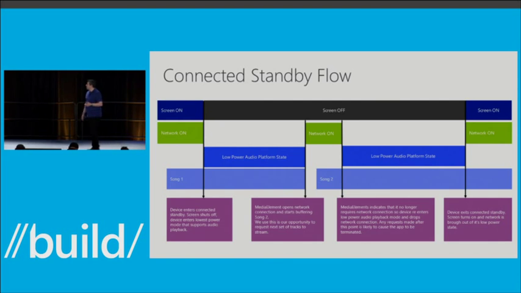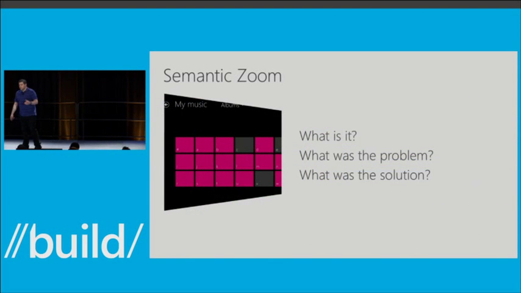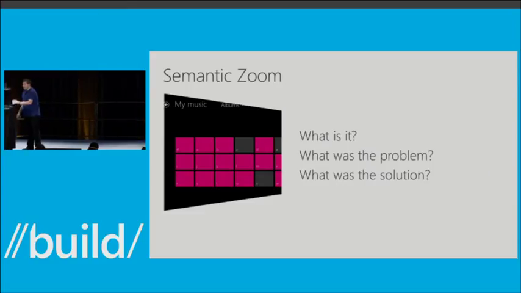I'm now going to talk about the next issue we had to address, semantic zoom. Another great feature in Windows 8. It allows you to navigate and browse a large collection of data and visualize it at a high level by just pinching out and seeing that data from a high level.